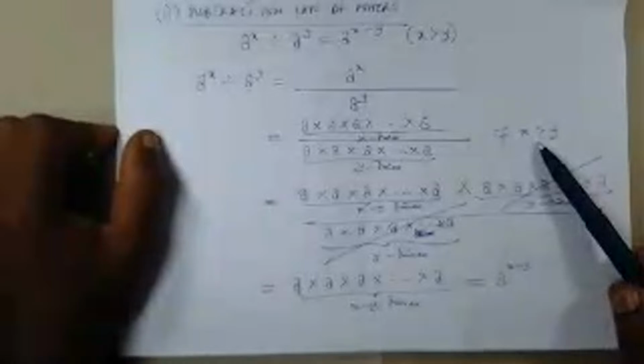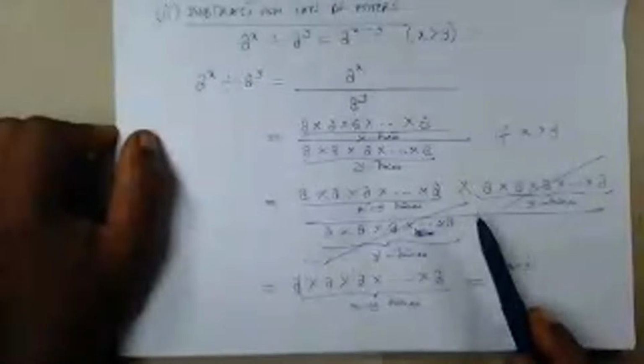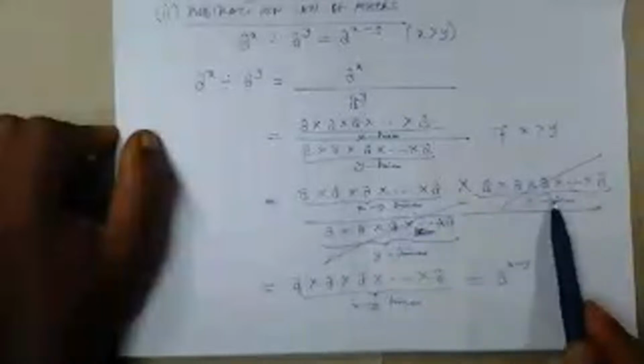Now, because x is greater than y is our assumption, it means that in these a's, the x a's in the numerator, I can actually remove y a's from the x a's in the numerator since x a's are greater than y a's, okay? And if I do that, it means separating the a's in the numerator into two groups, x minus y times and y times can be separated, okay?